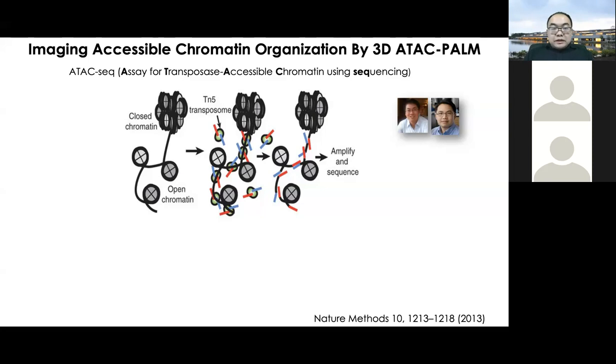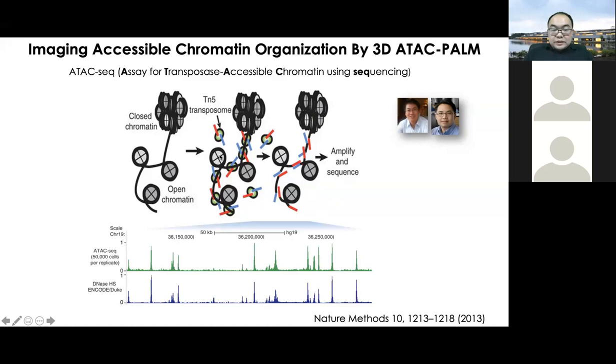Specifically, this technique uses a hyperactive transposase, Tn5, to insert DNA oligos with high density into the accessible chromatin. In the early days, they coupled ATAC with high throughput sequencing, allowing them to map accessible chromatin sites in the linear genome. So we thought we could also use this for super resolution imaging.